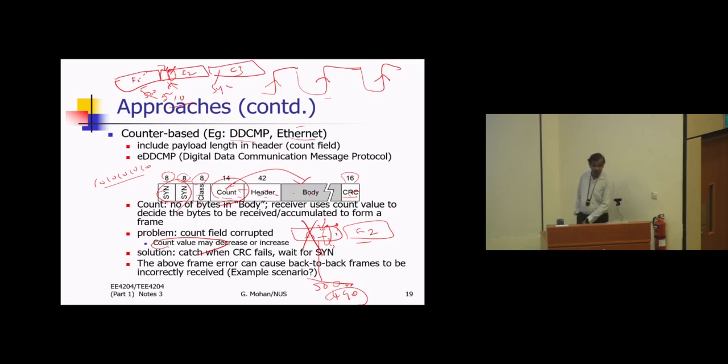You may ignore this if the count value has increased a lot. After 510, what the receiver will think is that it is here, because the size tells about the size of the body.